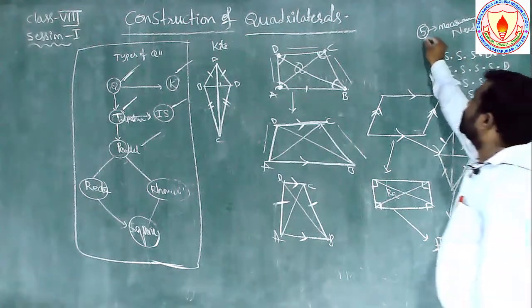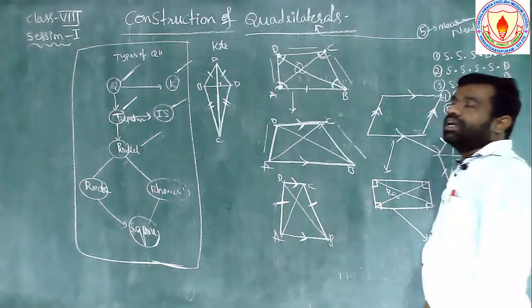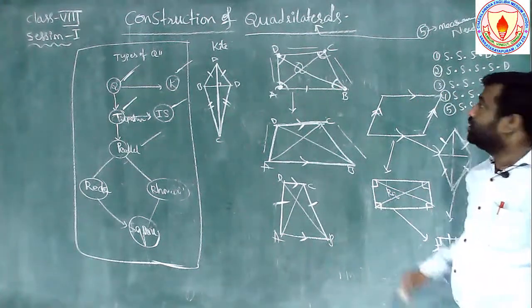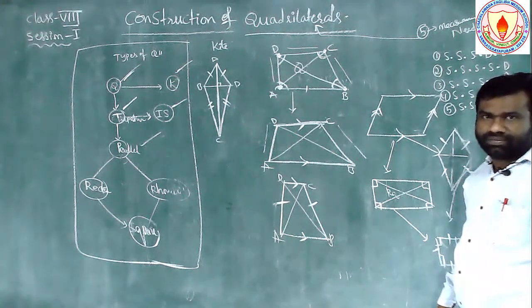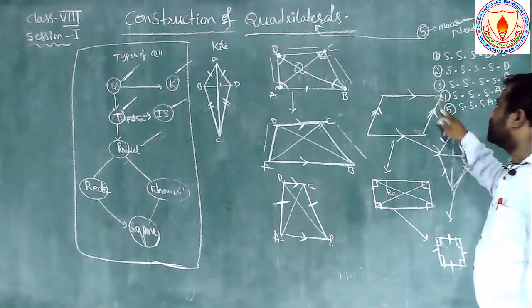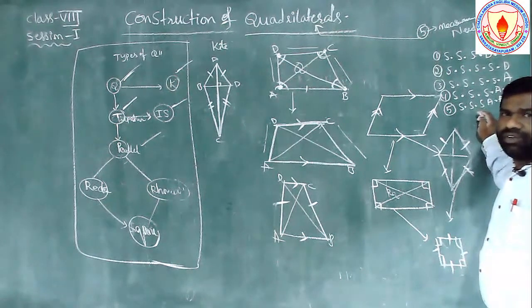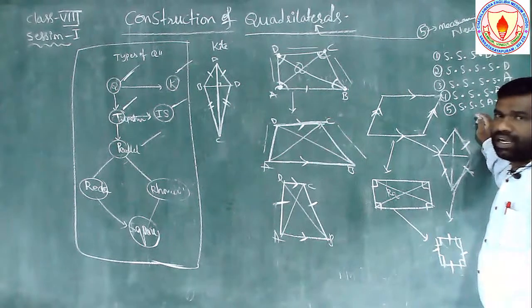So, for constructing the quadrilateral, definitely we need 5 measurements. These are the 5 conditions, and with these 5 conditions we can definitely draw the construction of the quadrilateral.